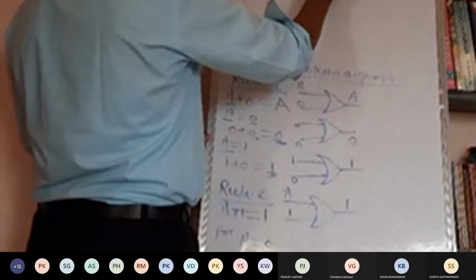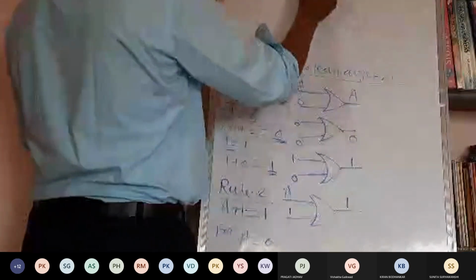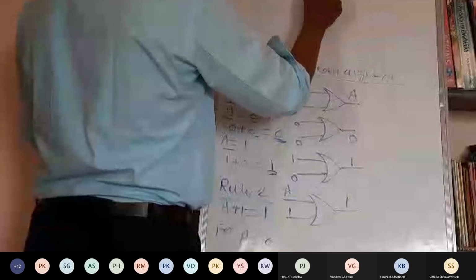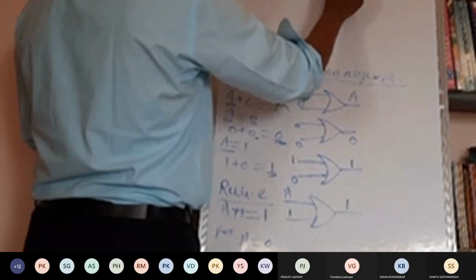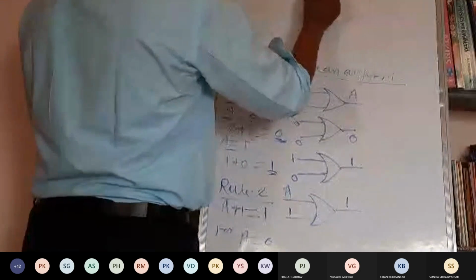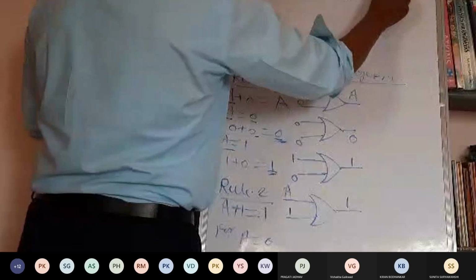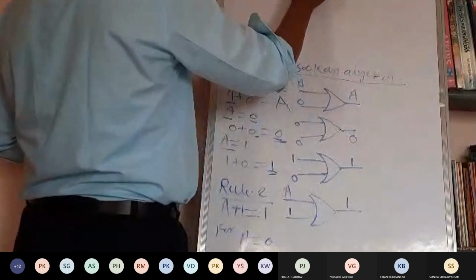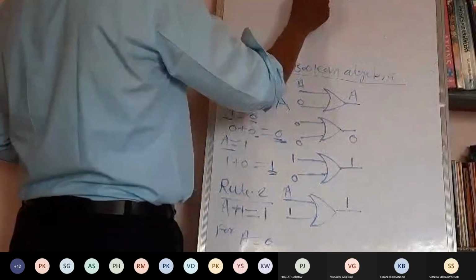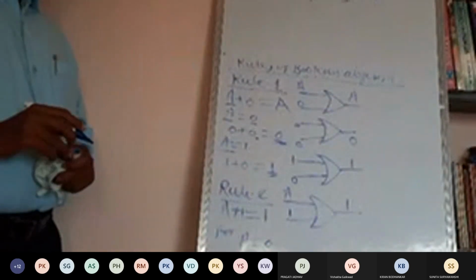And the next is for a is equal to 1, then a is equal to 1 and 1 हा तुमचा as it is. So it becomes 1 plus 1, 1. आला इथपर्यंत. This is the rule number 2.